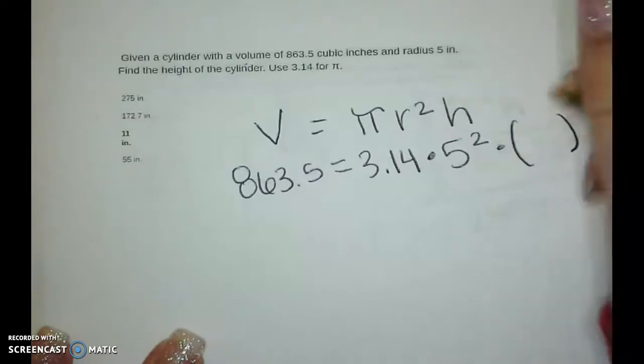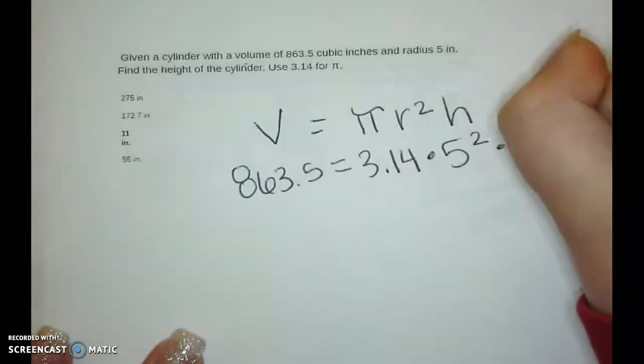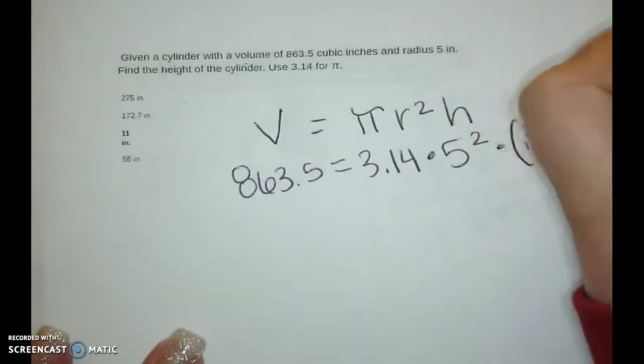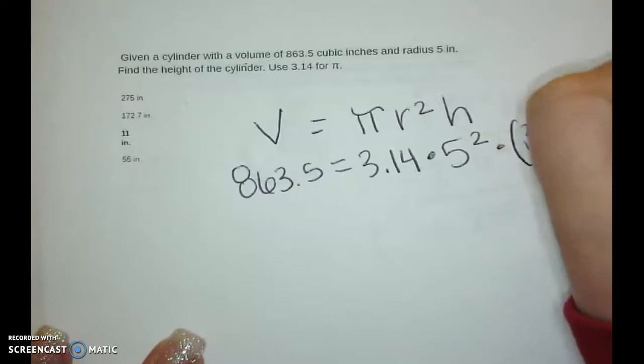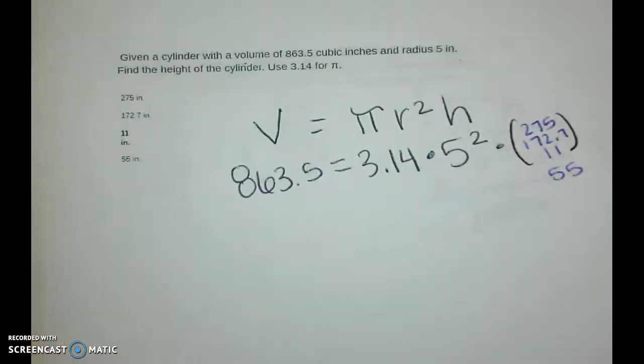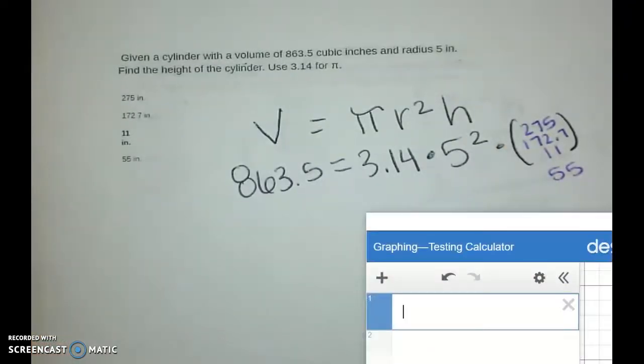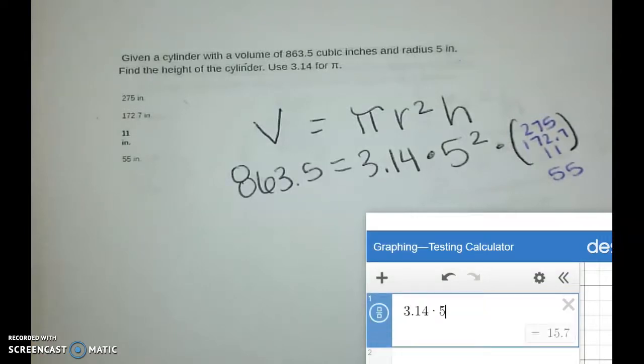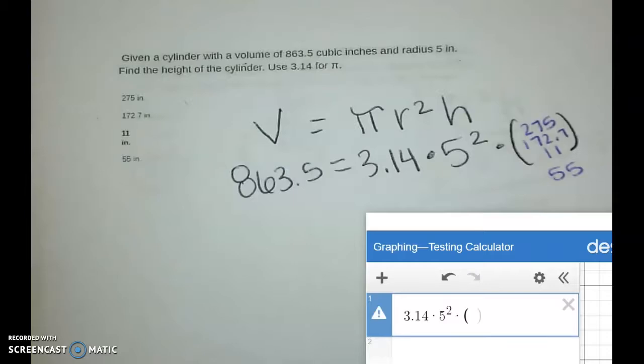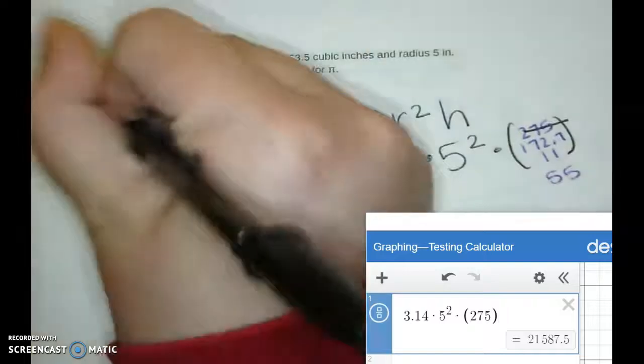So again, we're checking those answers. 275, 172.7, 11, and 55. So I'm going to open Desmos, and I'm going to type 3.14 times 5 squared times, and we're going to start with 275. Okay, that's not the correct answer, so I'm crossing it off.